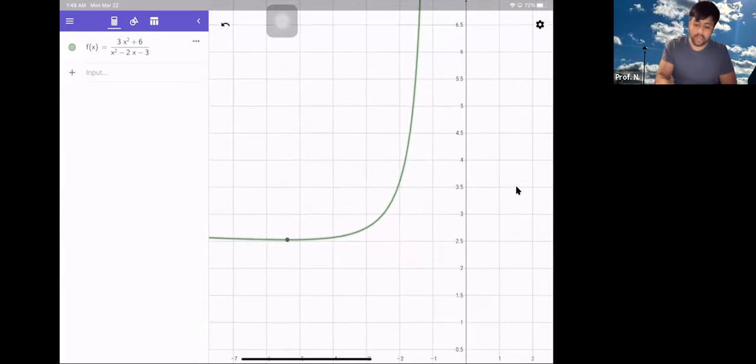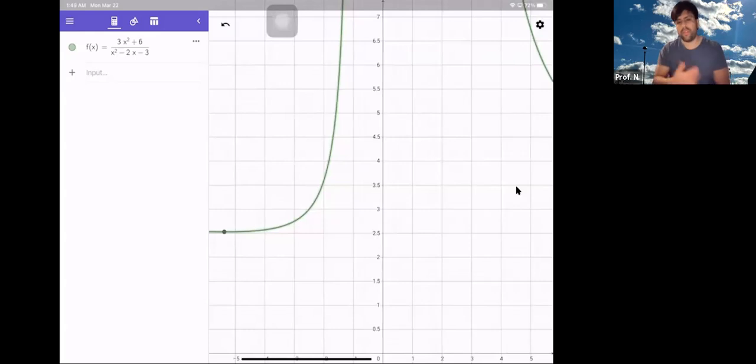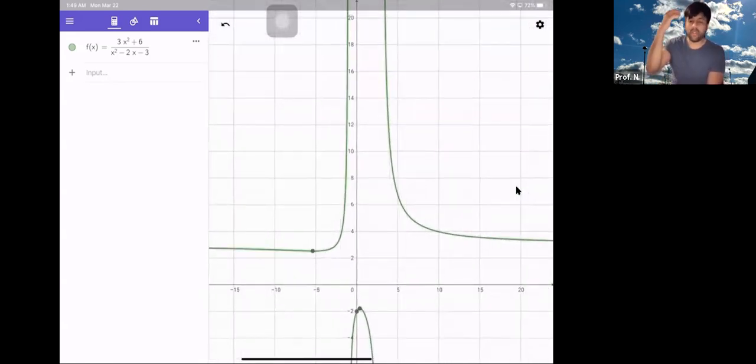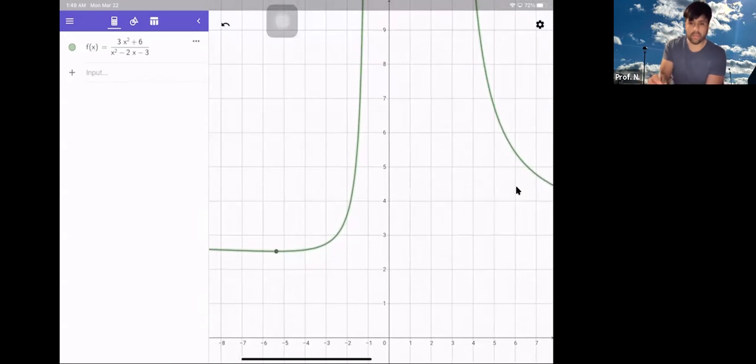Another thing, because of that, then you start to ask yourself, well, what would you say for the range? The range can be a bit complicated because of this. The range is all the y values, correct? We know for a fact that at 3 there's an asymptote.